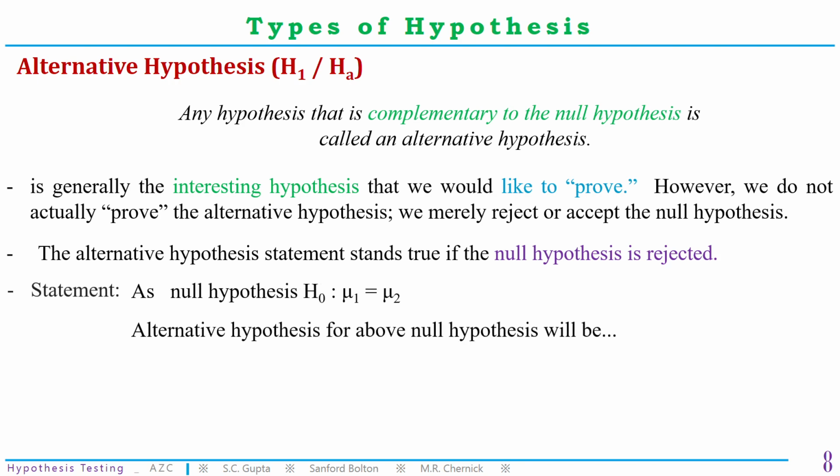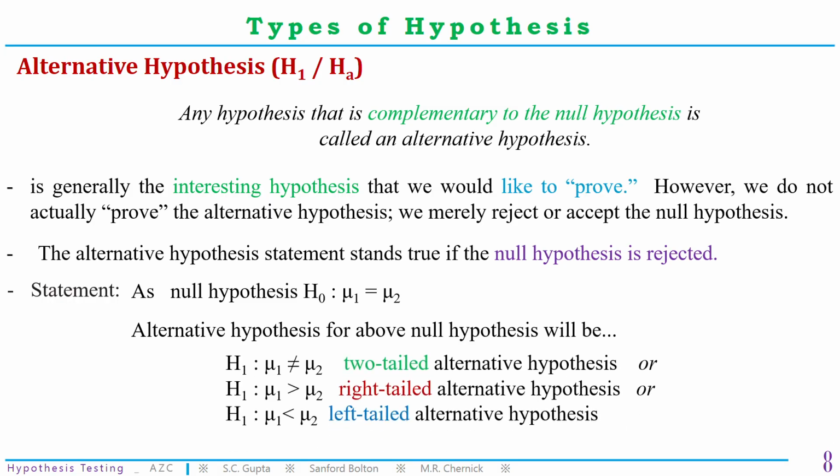Statement: as null hypothesis is H0: mu1 is equal to mu2, alternative hypothesis for above null hypothesis will be H1: mu1 is not equal to mu2, that is, two-tailed alternative hypothesis, or H1: mu1 is greater than mu2, that is, right-tailed alternative hypothesis, or H1: mu1 is less than mu2, that is, left-tailed alternative hypothesis.